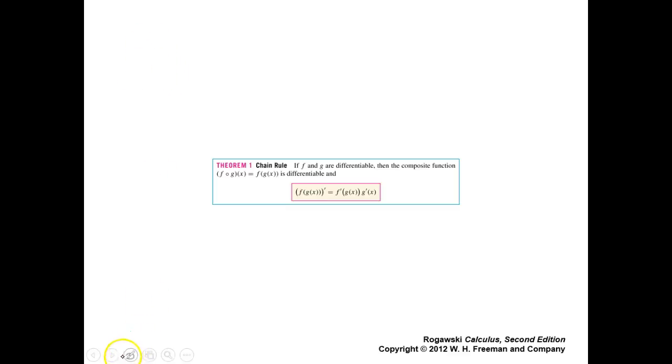Let me get my pen activated with a darker color. It's d by dx of sine x plus cosine x is equal to, and the options are plus or minus sine x plus or minus cosine x.